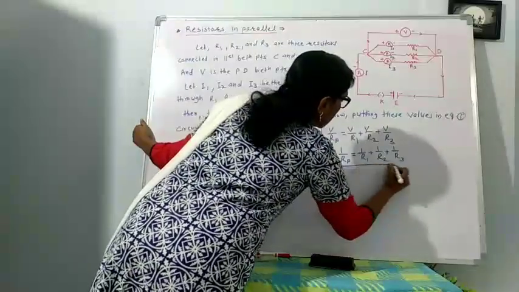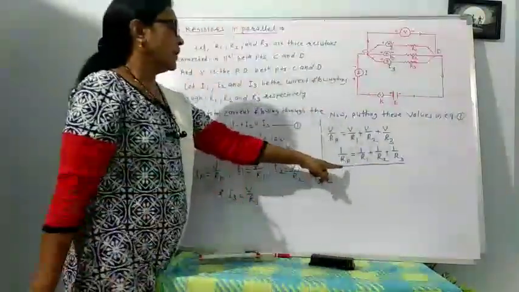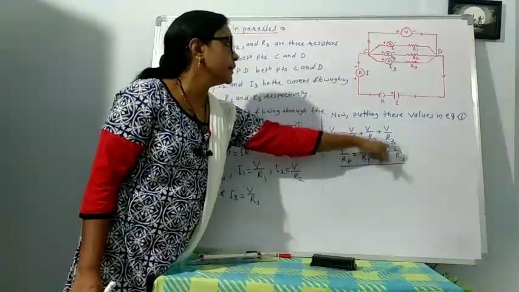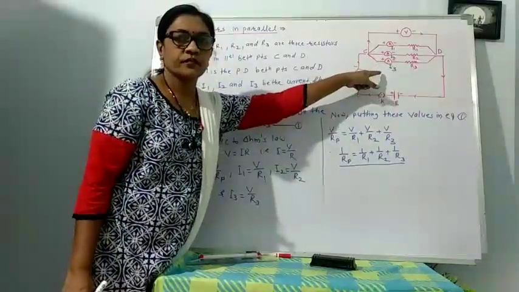This is the formula for effective resistance when the resistors are connected in parallel position.